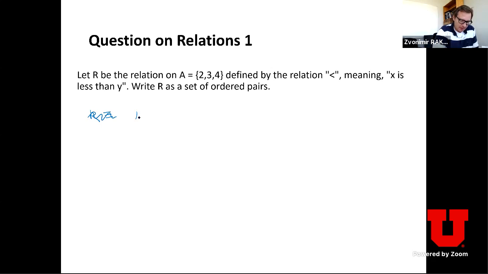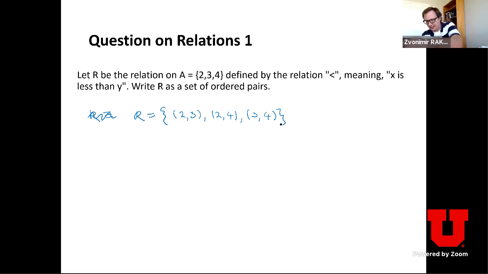R is equal to a set of ordered pairs. For less than, we have to pick elements of this set A so that left is less than right. So we have (2, 3), (2, 4), and (3, 4). That was easy.